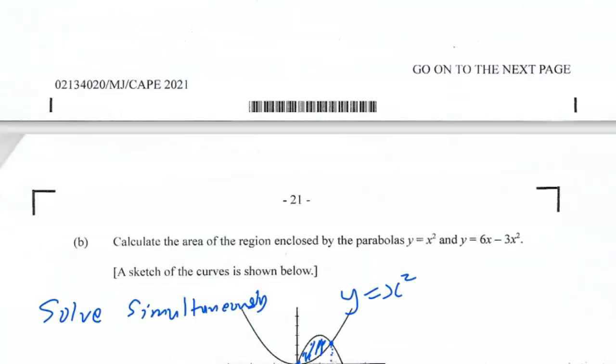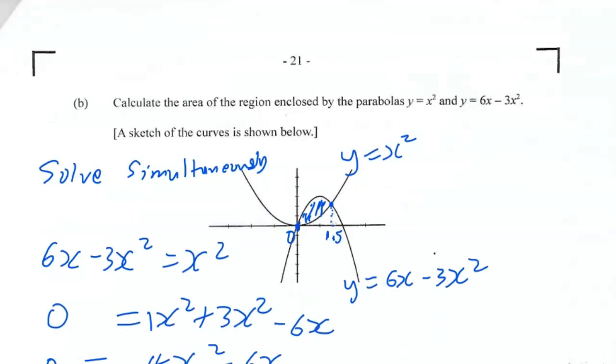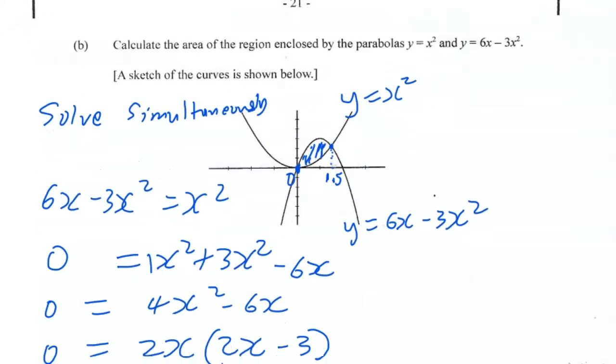What we just did a while ago, the integral of 6x minus 3x squared would be the area under this graph, between the parabola and the x-axis. I will subtract it now from the area beneath x squared, which will leave us with the area in question, the area enclosed. So minus the integral of x squared.